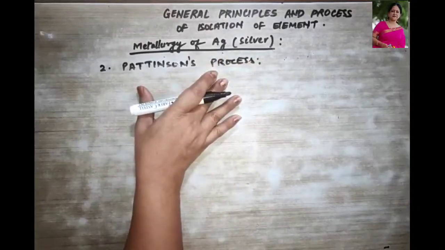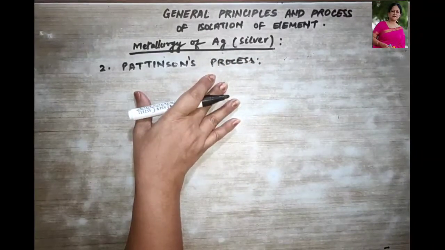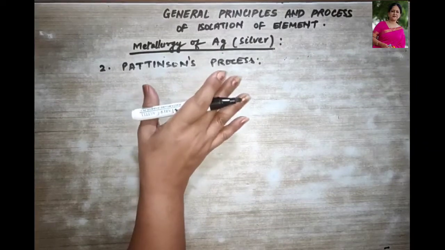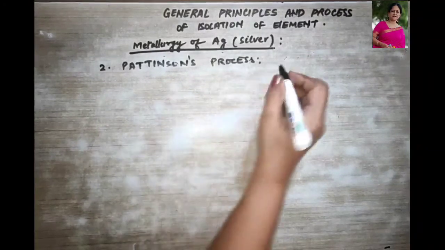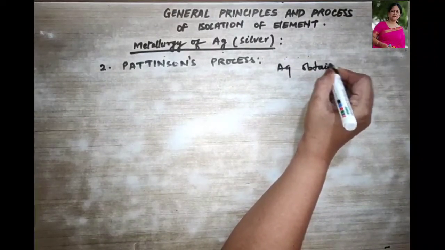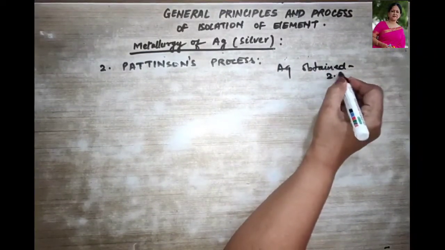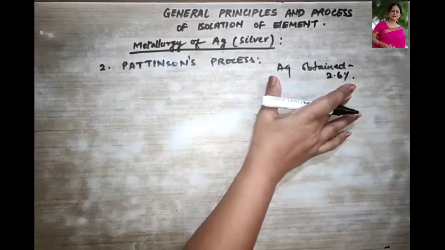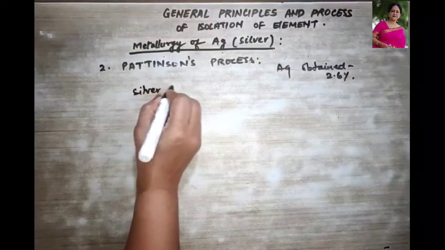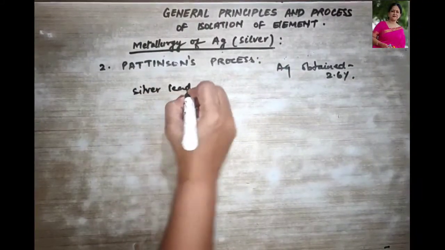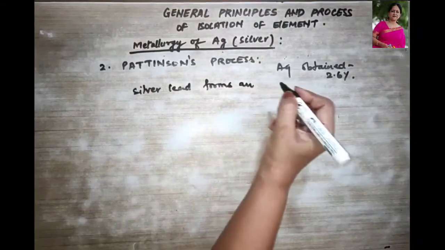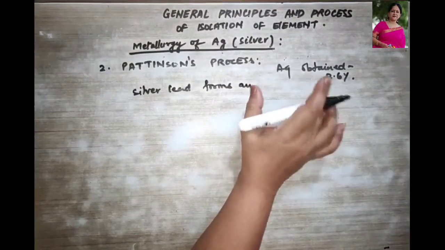So silver obtained from argentiferous lead by Pattinson's process, it is about 2.6%. So silver obtained by this process is how much? 2.6% only. So over here, the silver lead, it forms an eutectic mixture.